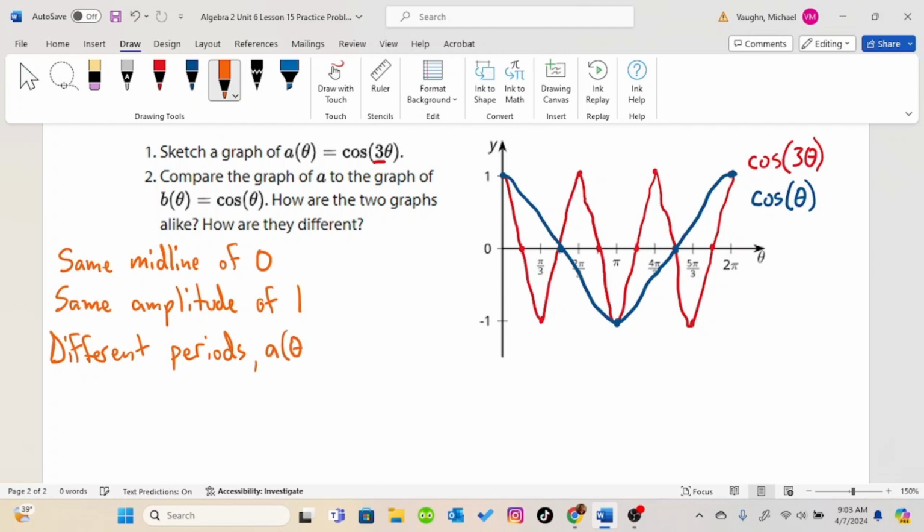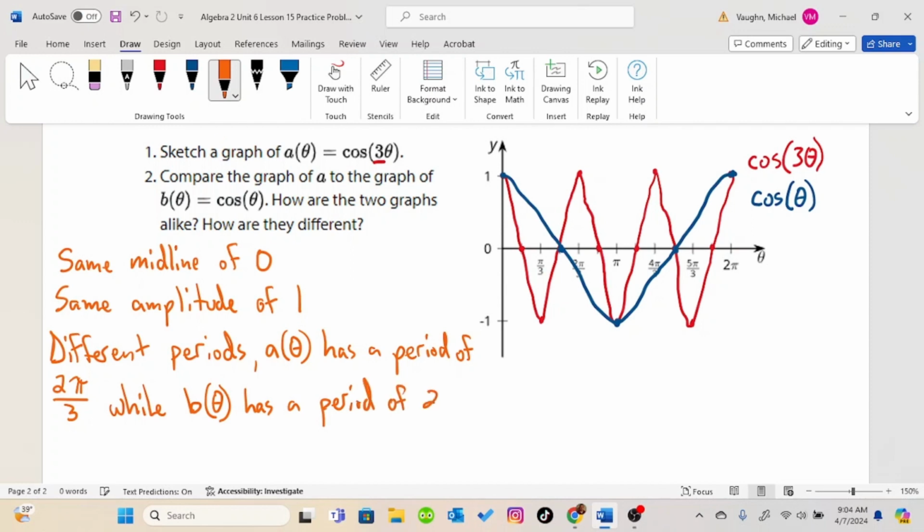Alpha of theta has a period of 2/3 pi, while beta of theta has a period of 2 pi.